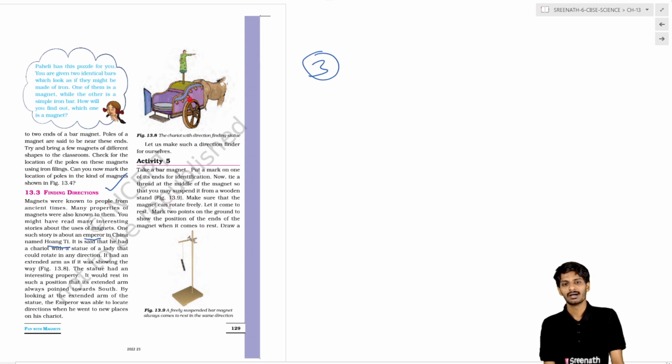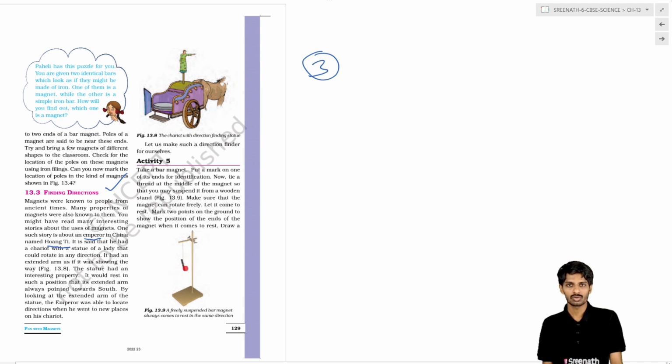Before going to know the physics behind it, take one bar magnet, tie it with a thread, and suspend it from a stand. Make sure that it can move freely. Now give a push at one end to rotate it, and leave it.